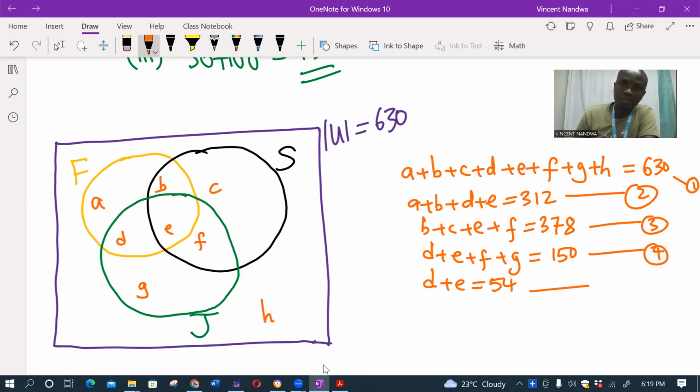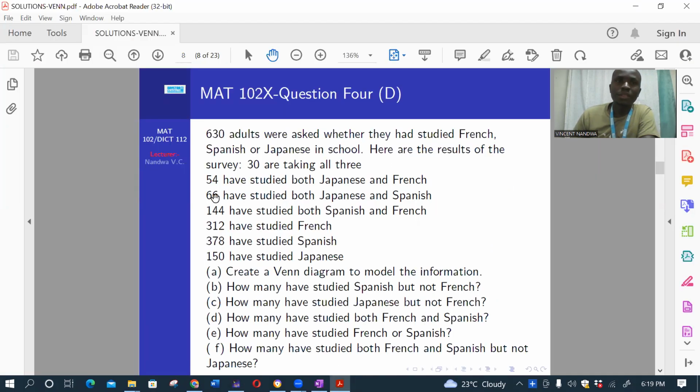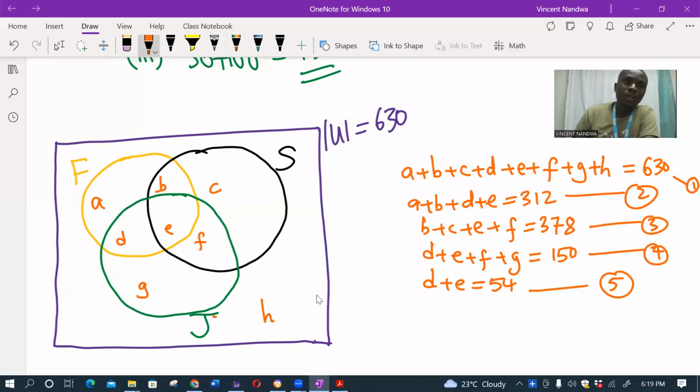Call it 5. The other information is 66 have studied both Japanese and Spanish. JS is E plus F, and the total should be 66. Call this one 6.